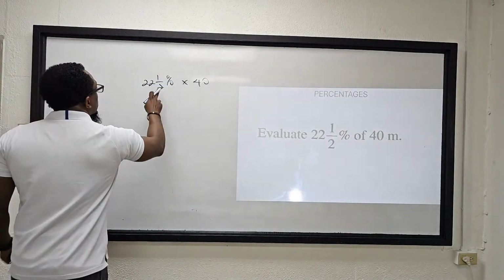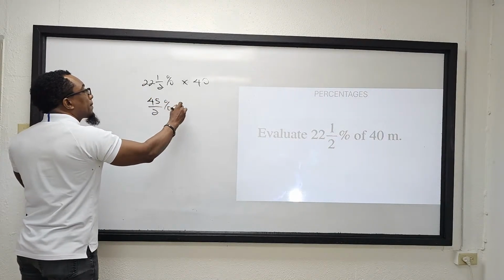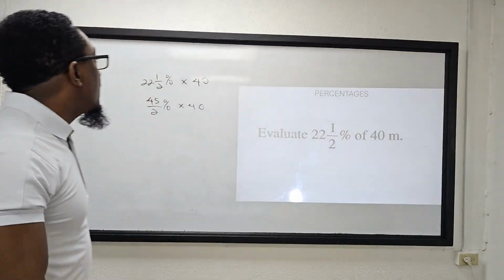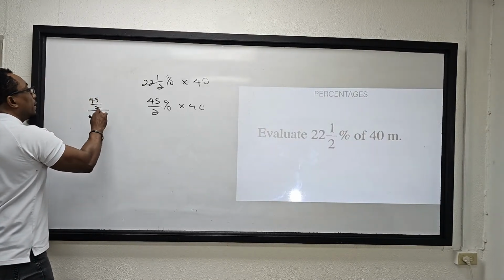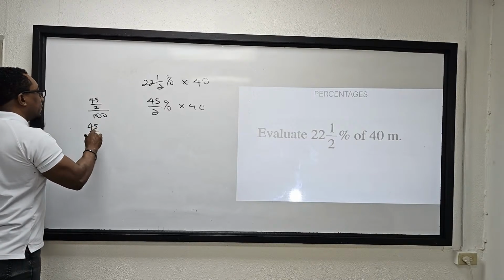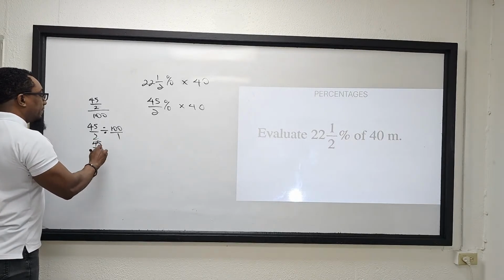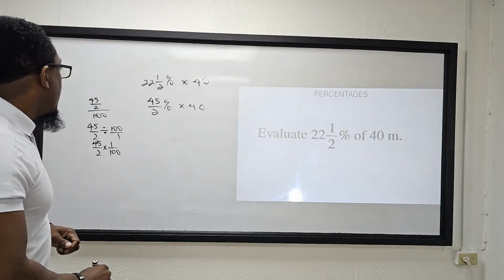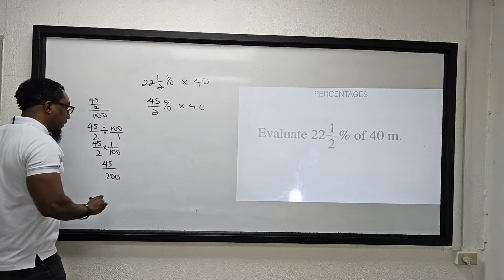So this is 2 by 22 is 44, plus 1 gives me 45 over 2%, times 40. 45 over 2% is the same as 45 over 2, all over 100, which is 45 over 2 divided by 100 over 1, which is 45 over 2 multiplied by 1 over 100, which will give me 45 all over 200.